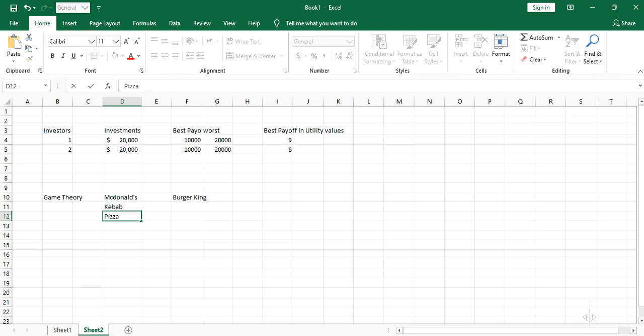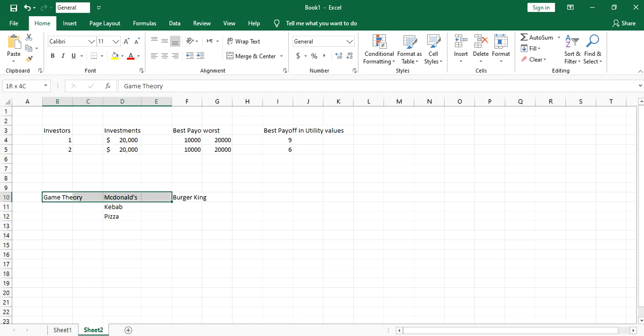Okay, so they are making market research and they get the outcomes, like how much will be the demand for kebab, how much will be the demand for pizza, and what are the payoffs associated with this, what are the probabilities of success of kebab and pizza for this. Okay, so far we were dealing with this, but now we are dealing with this one.